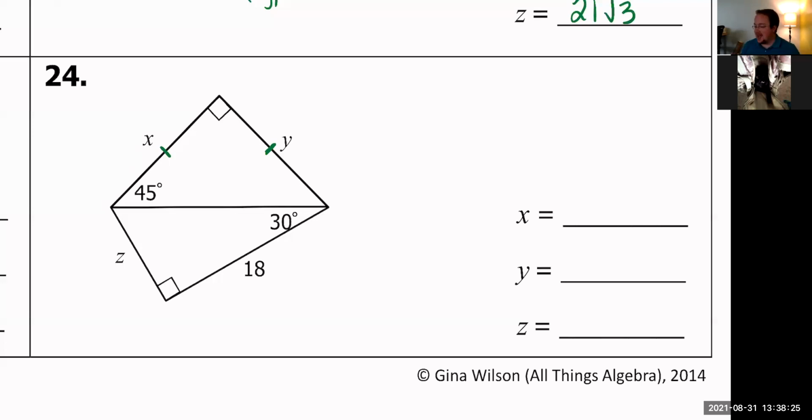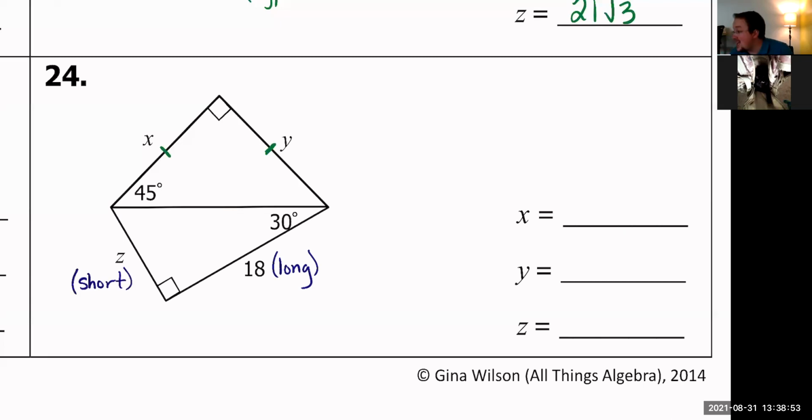I need to then drop down to this one here on the bottom, this 30, 60, 90. And I need to work from there first. So in that one, which side do I know? Long. I know the long is the 18. Z is the short, which is what we usually look for first anyways.